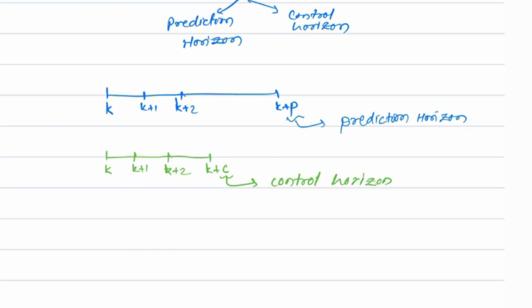So you will get your input u k plus 1, and so on up to u k plus c.